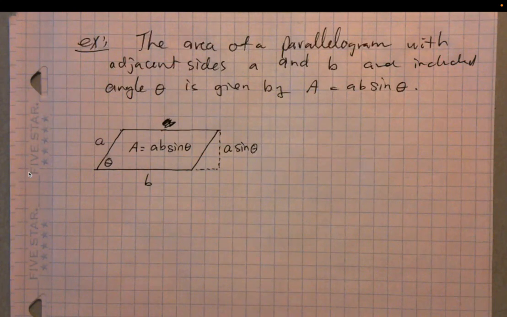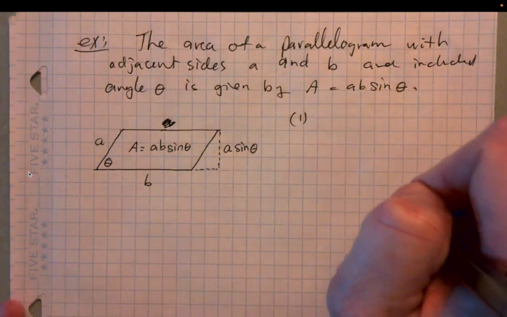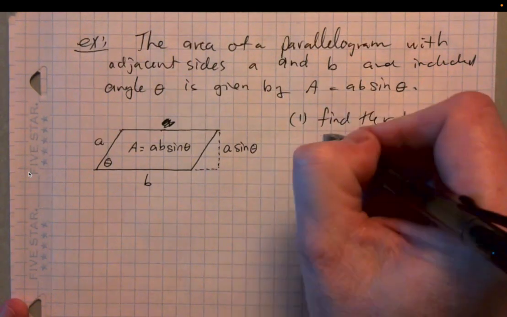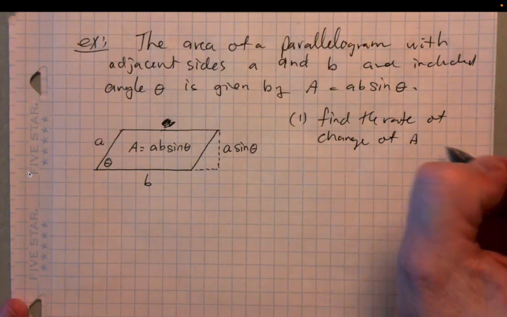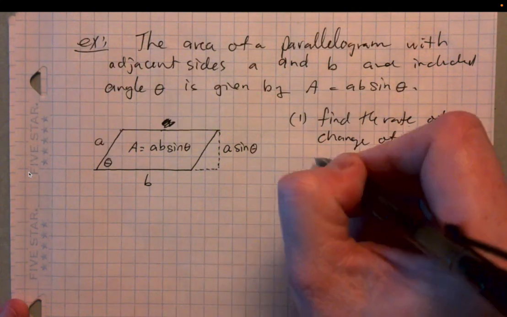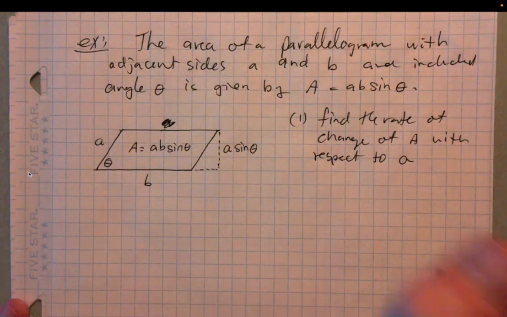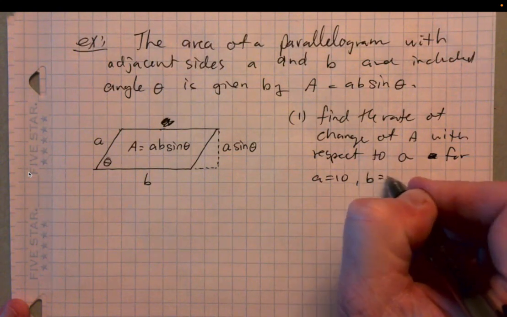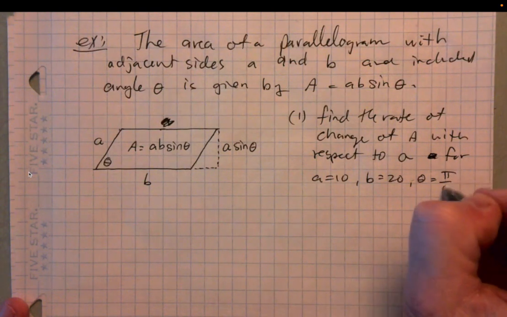Okay, so this is the setup, and then two questions. Find the rate of change of A with respect to little a for specific values: a equals 10, b equals 20, and theta equals pi over 6.